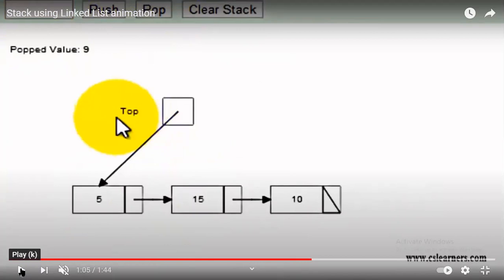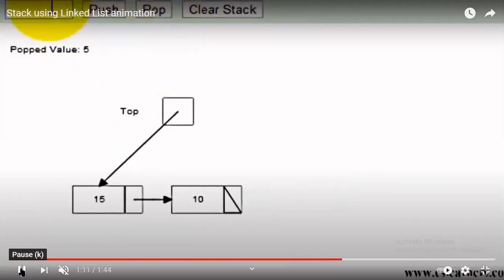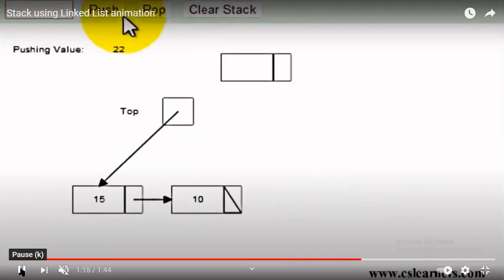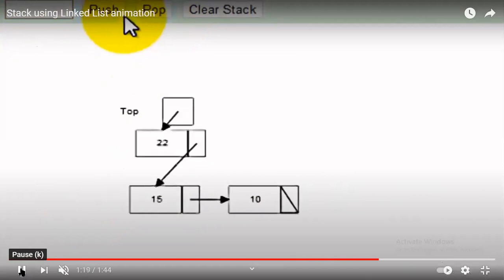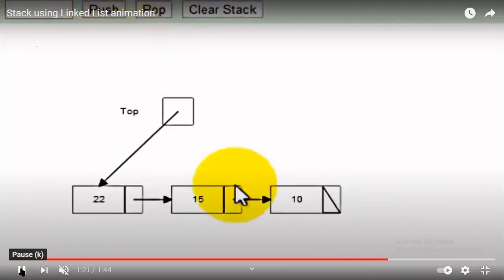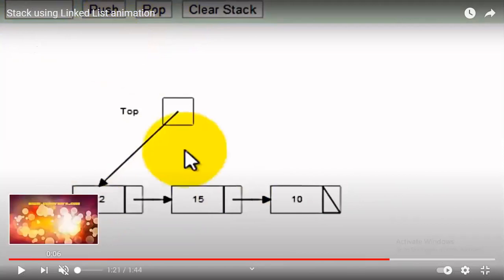So automatically it was deleted. Again, top changes position, stack of top minus minus. Again, you push. When you push 22, 22 is the element newly inserted, and the stack top will change the pointer location.